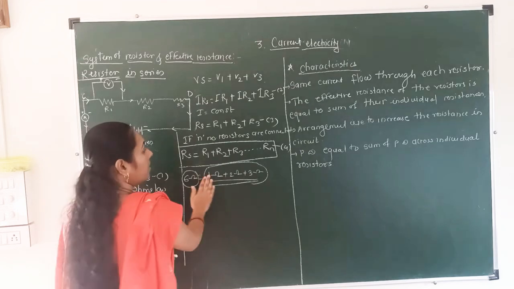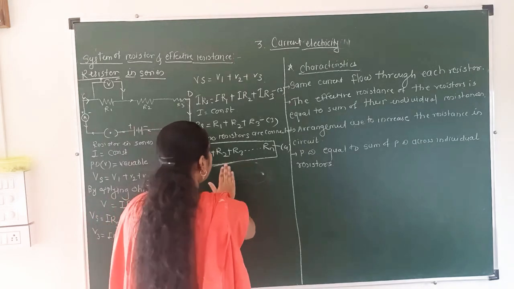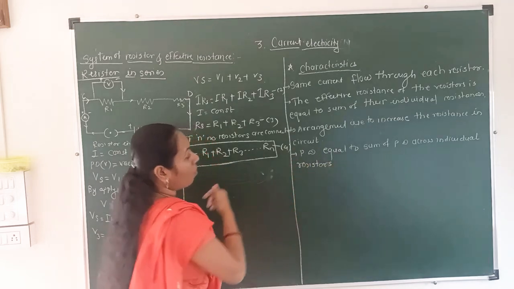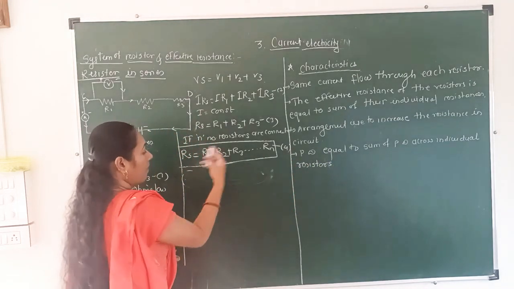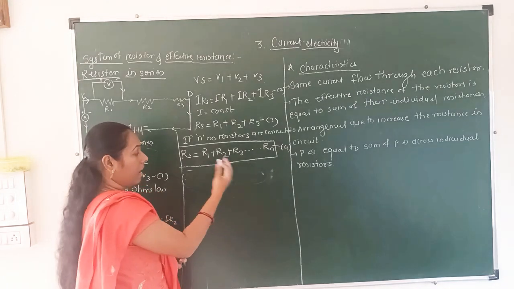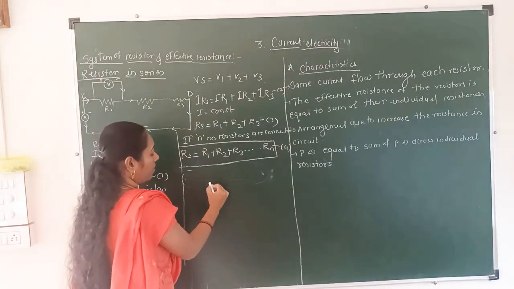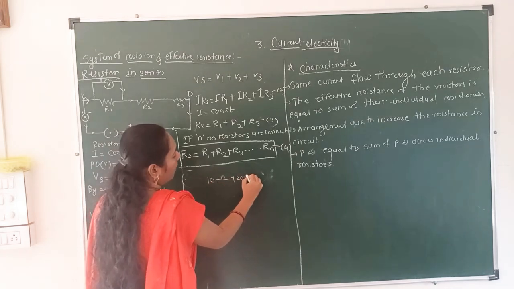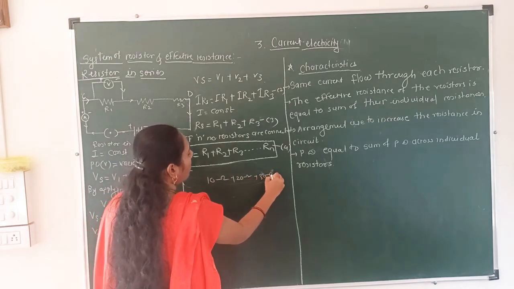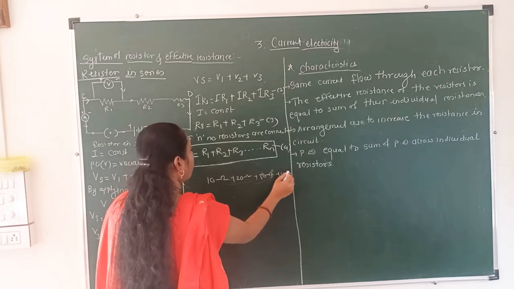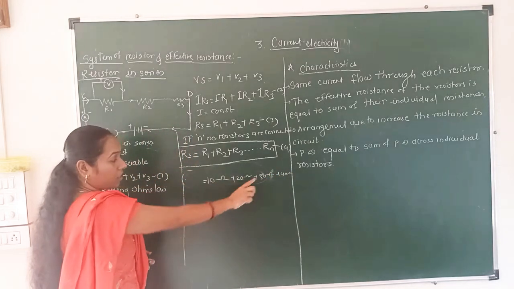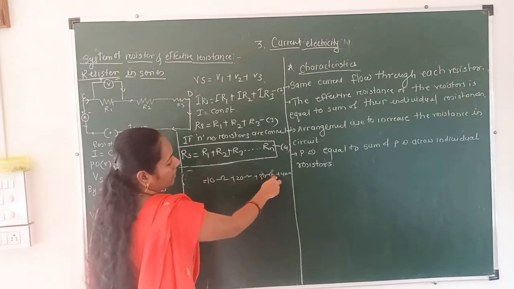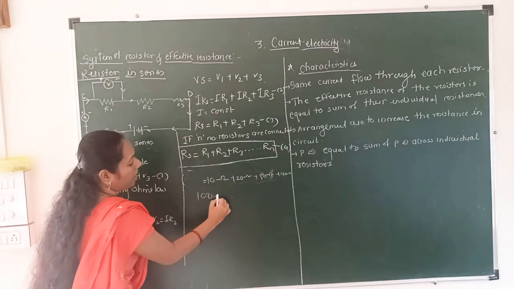Are you getting this? What is the next point? The next point is that this arrangement is used to increase the resistance of the circuit. When a number of resistors are connected, if the first one has a value of 10 ohm, the second 20 ohm, the third 30 ohm, and the fourth 40 ohm, what will be the result? 10 plus 20 is 30, 30 plus 30 is 60, 60 plus 40 is 100 ohm.